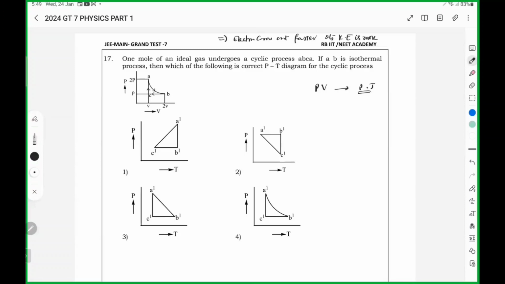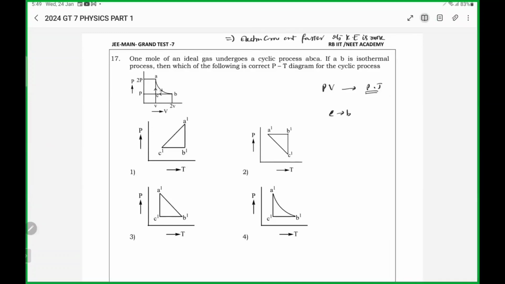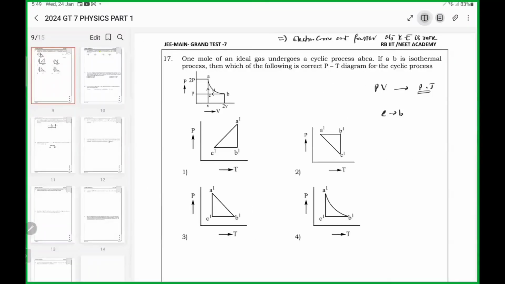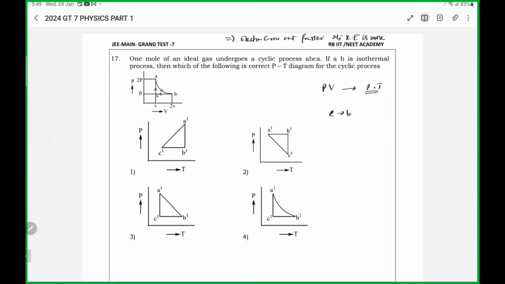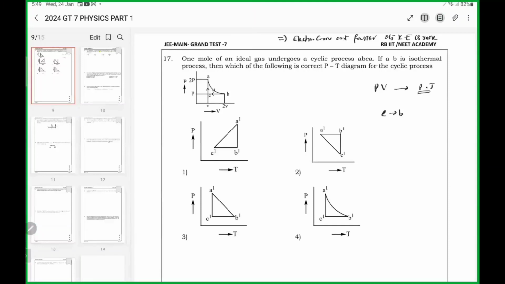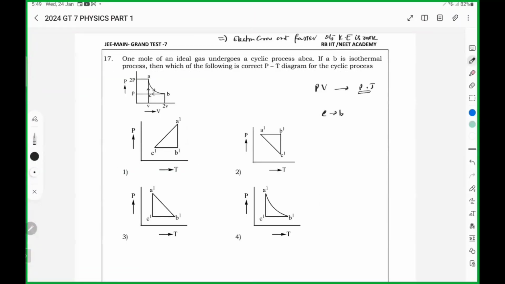Let us come to the different paths. In C to B, if you observe carefully, pressure is constant.